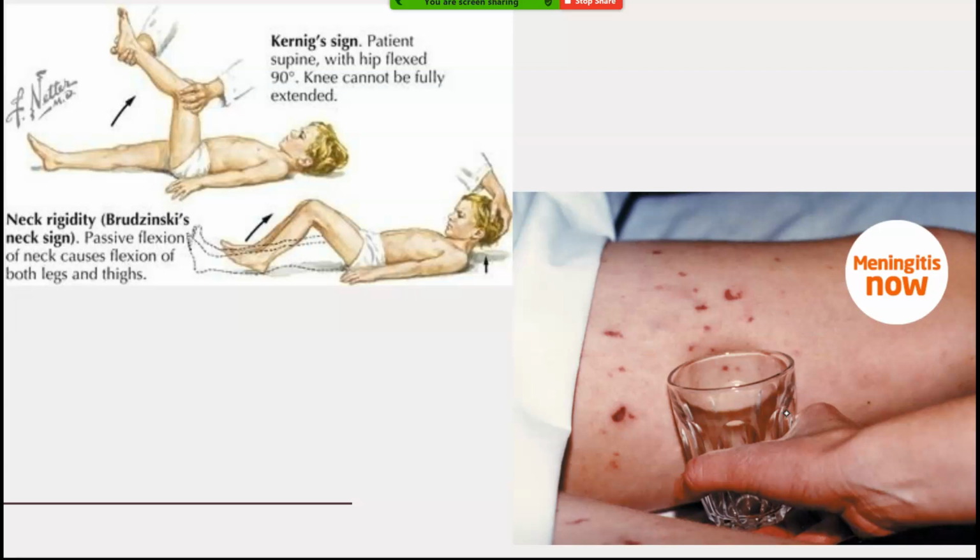If nuchal rigidity is present, it's like a 95% positive meningitis sign. There are a few things that can also create this problem, but 95% of the time it's meningitis.